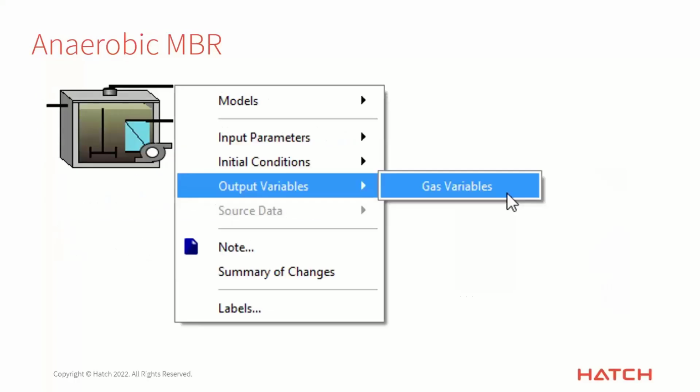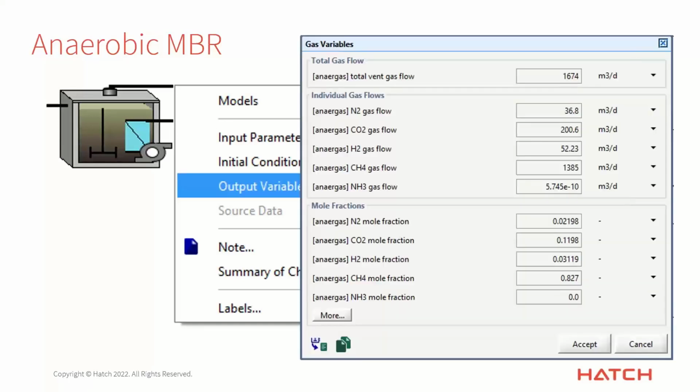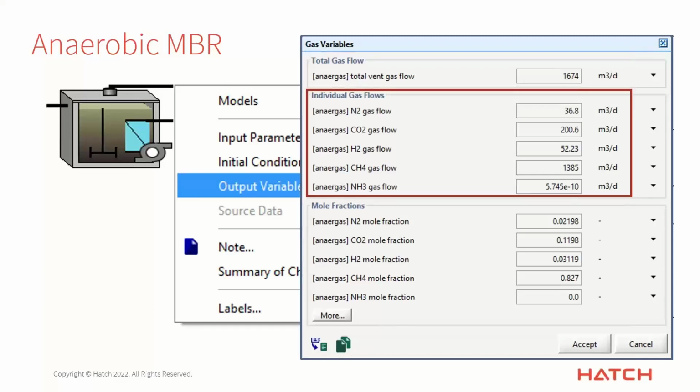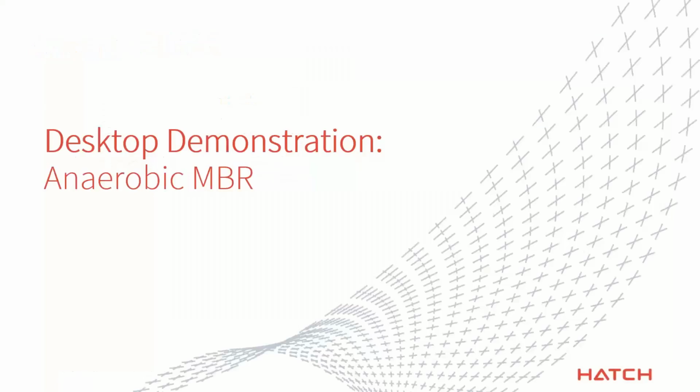Just like the digester, if you right-click on the gas connection point at the top of the anaerobic MBR and go to the gas variables menu, you will see a prediction of the gas flow, the total gas, and then the breakdown so you can see how much CO2 you're getting and how much methane and so on.